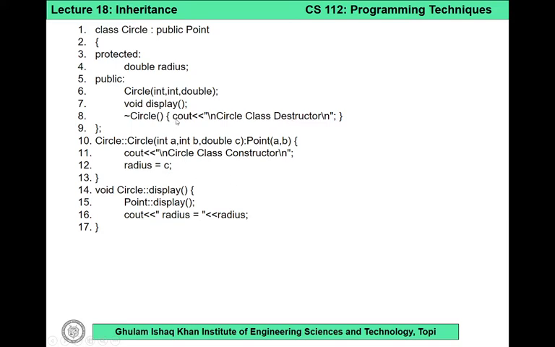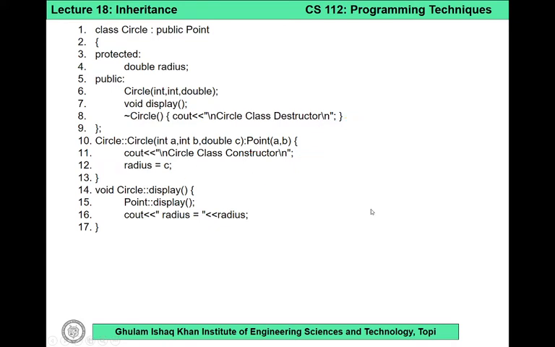There is no big difference between the previous code and this one, but we have a destructor here, and in the constructor we have an extra line displaying the message circle class constructor, and in the destructor we are simply displaying circle class destructor, right?